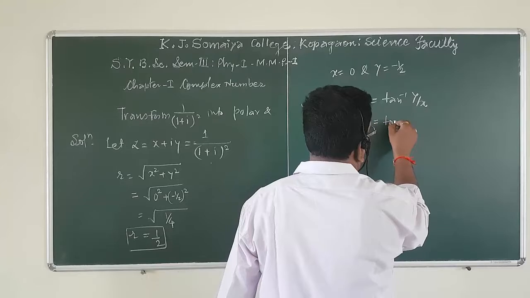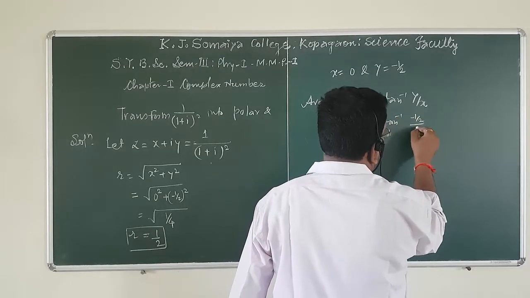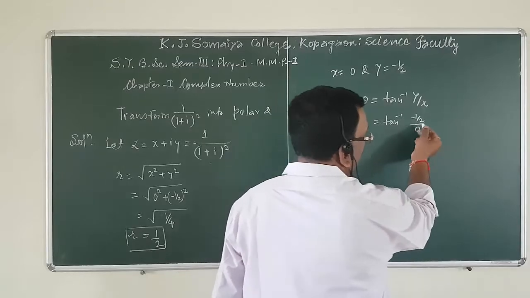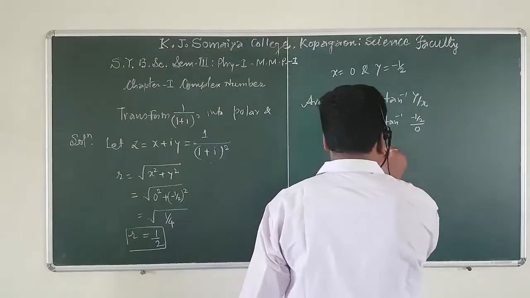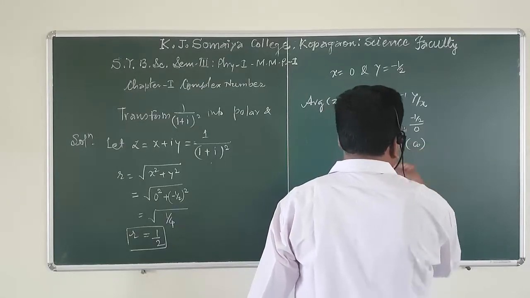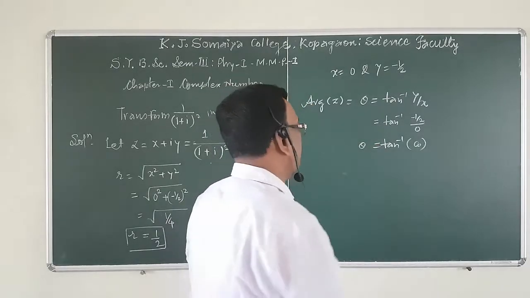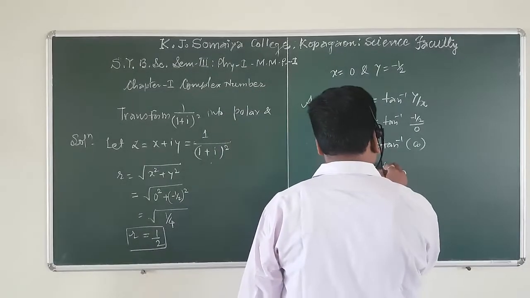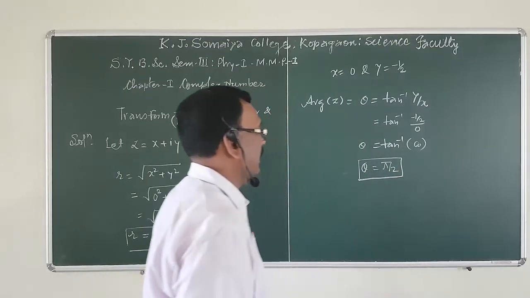We have tan inverse of y, which is minus 1 half, upon 0. By dividing by 0, we have tan inverse infinity. If theta is equal to tan inverse infinity, then obviously theta is equal to pi by 2. This is the argument or phase angle.